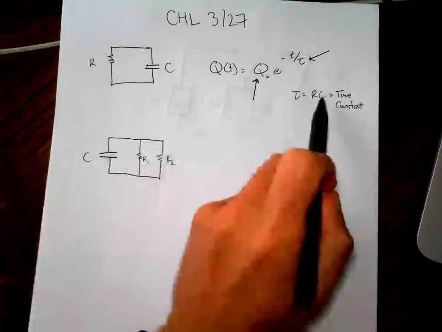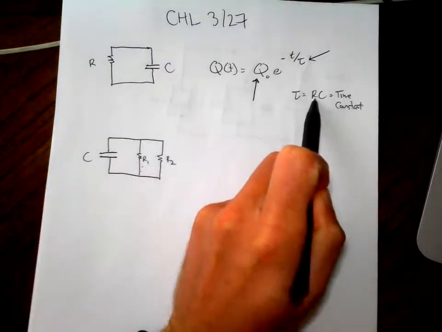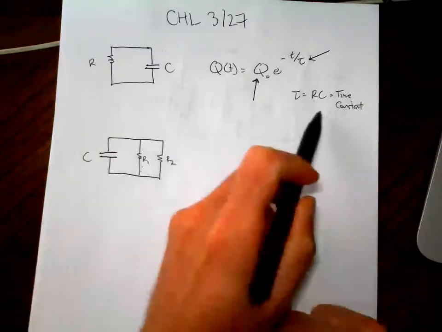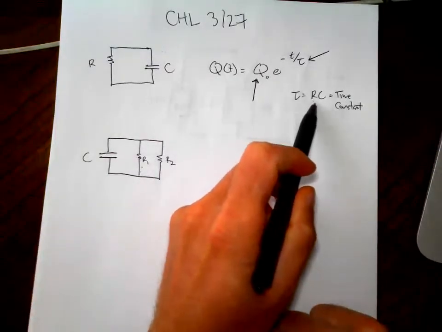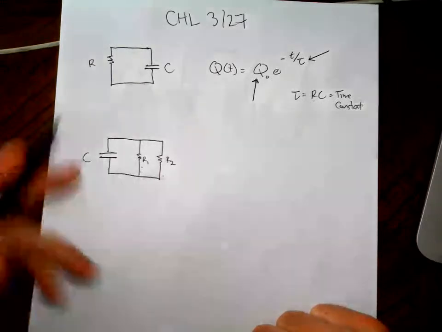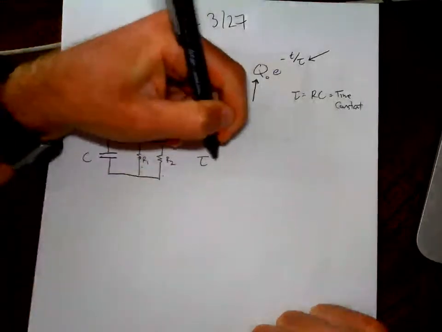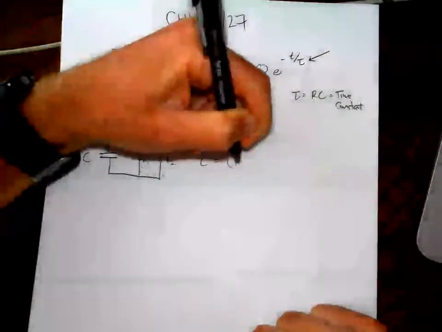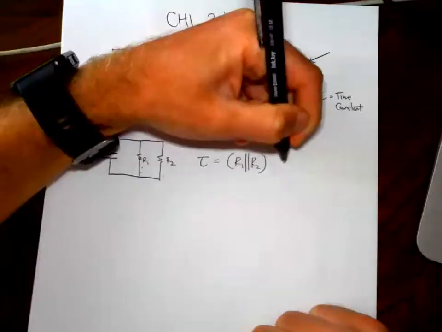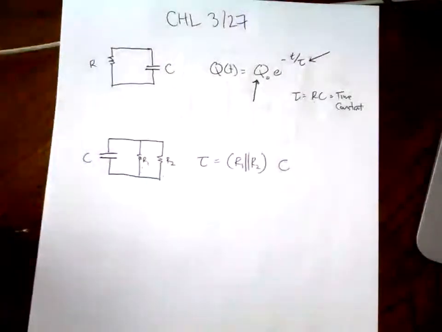When we talk about the R in this time constant equation, that's the resistance as seen by the capacitor. The capacitor is seeing both of these resistors in parallel. So our tau is going to be R1 in parallel with R2, whatever that is, times C. Okay.